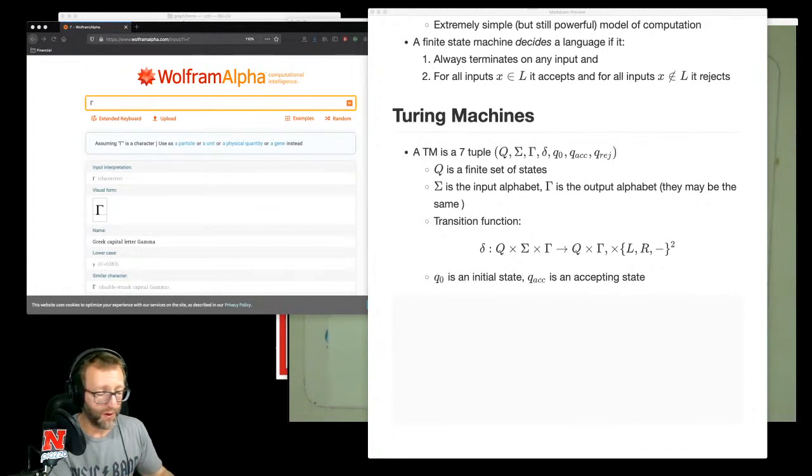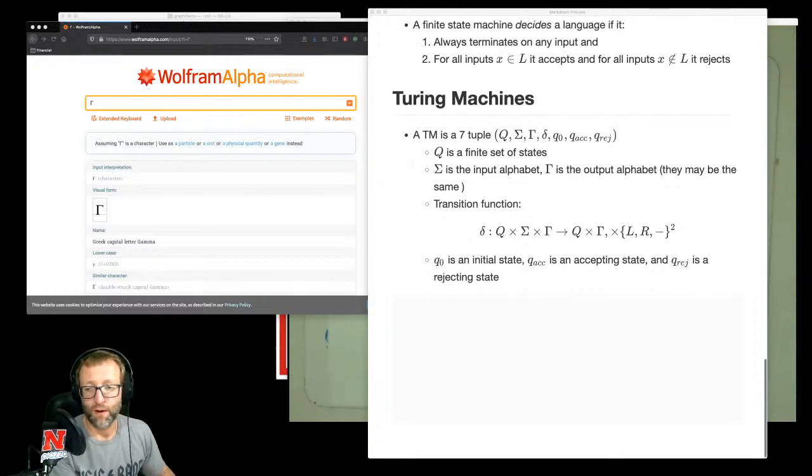You consolidate them all down to one, because what happens in an accepting state and a rejecting state in a Turing machine is that the machine stops, right? And Q reject is a rejecting state.